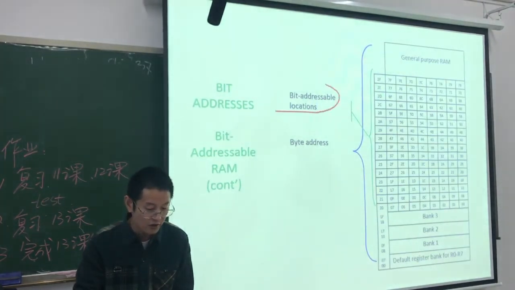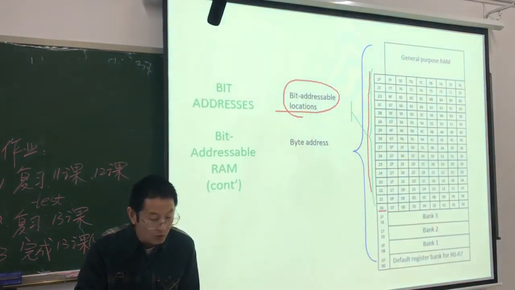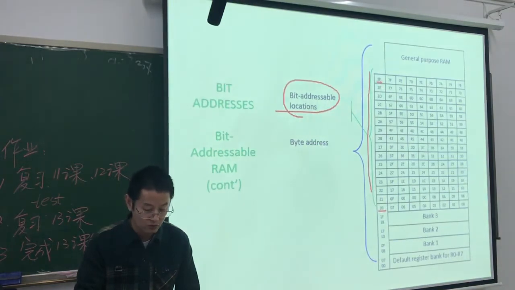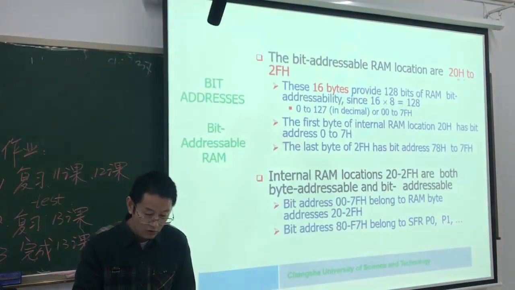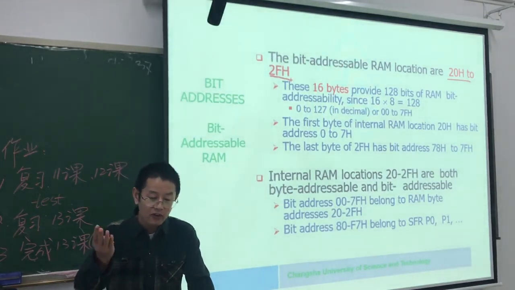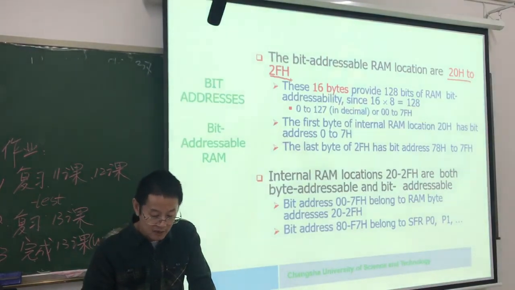This is the bit addressable location here, from 20H to 2FH. 20H to 2FH is 16 bytes in decimal.